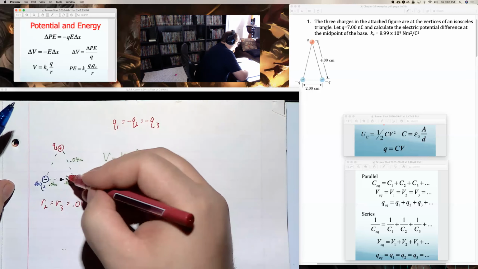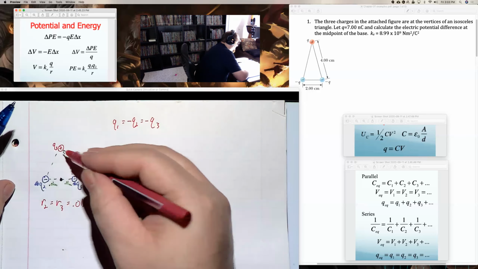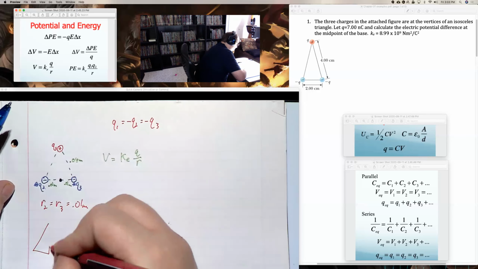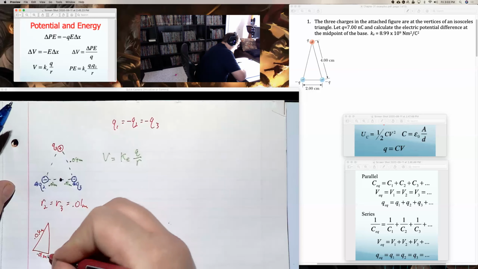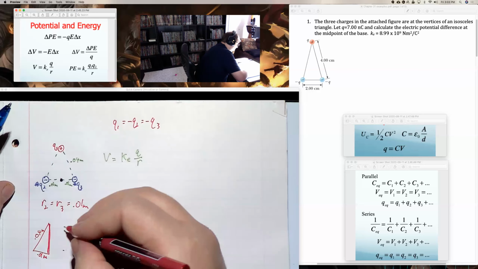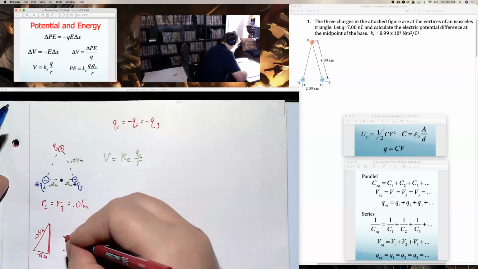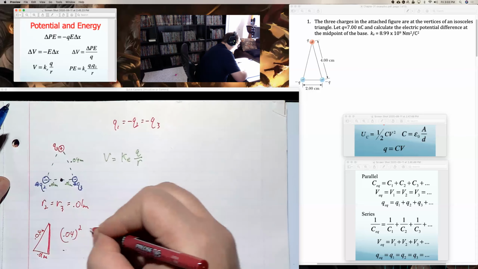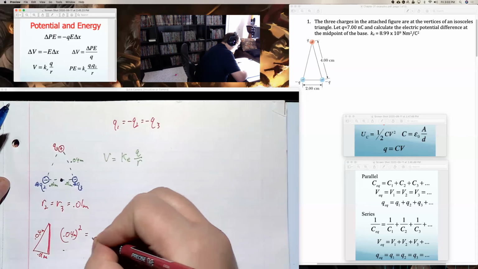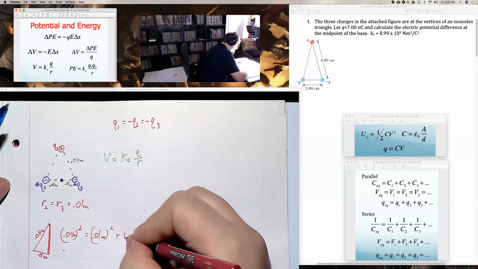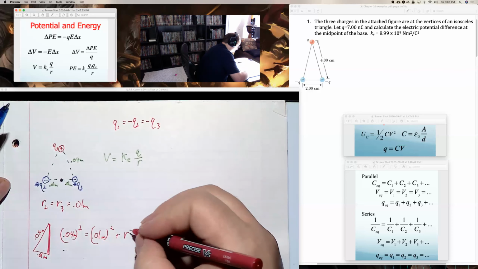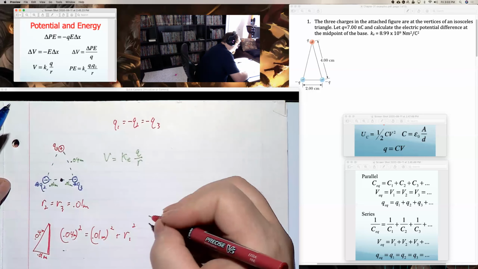For R1, the distance from here to this one, I'm going to have to solve for that. This is 4 centimeters, this is 1 centimeter. What's this one? Pythagorean theorem. 0.04 squared equals 0.01 squared plus R1 squared.